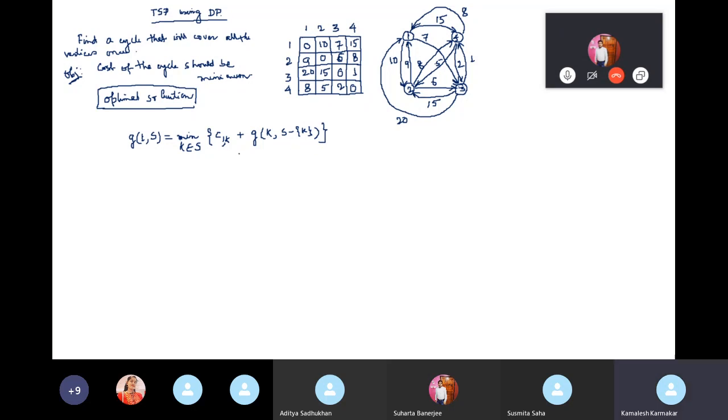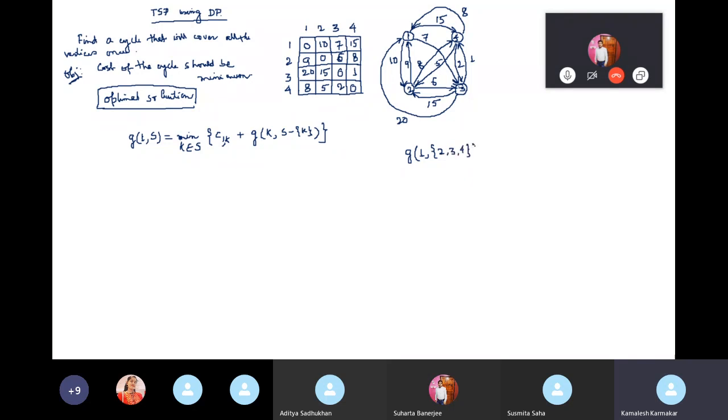Let us explain it with an example. If we consider this graph, and we start from vertex 1, then this one is 1, comma, what are the remaining vertices? It's a set. The remaining vertices are 2, 3 and 4.